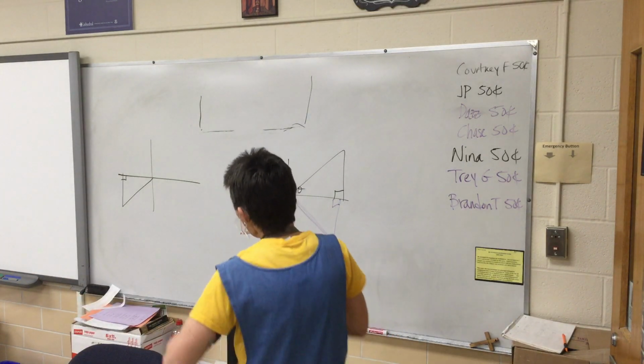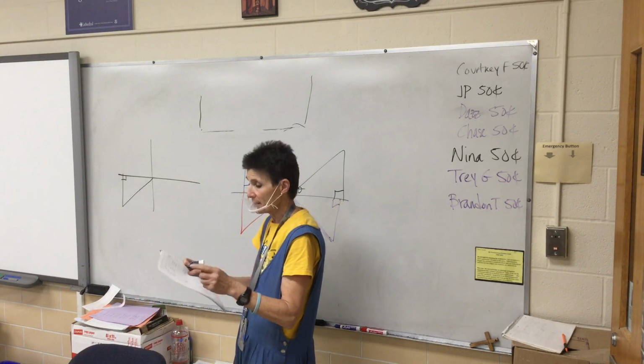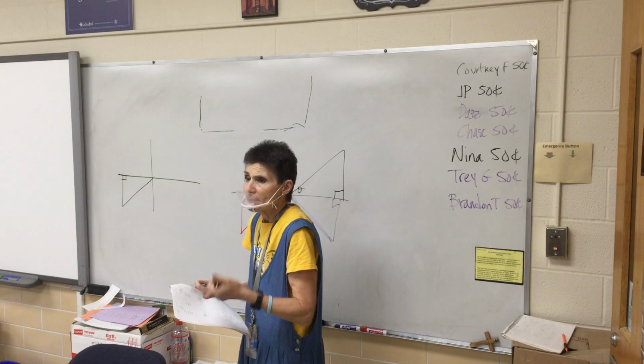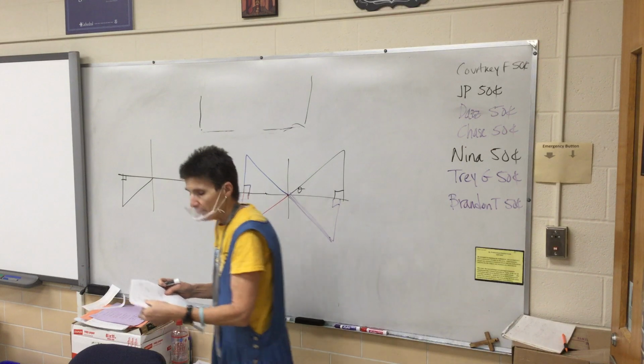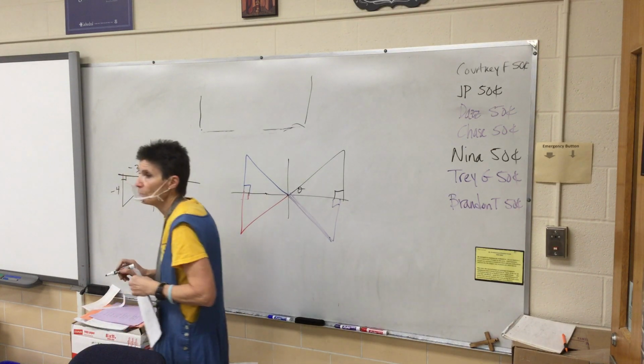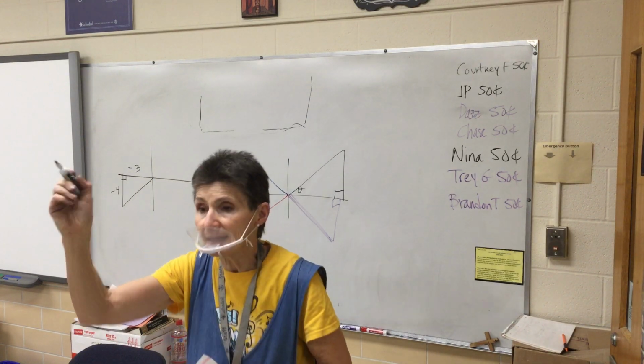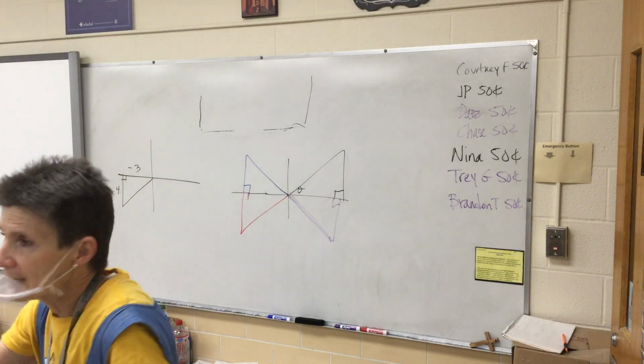So, how do I know this angle is in quadrant 3? Well, they drew it for me. But I would have known that anyway, because the point is -3, -4. And we have a negative x and a negative y only in quadrant 3.